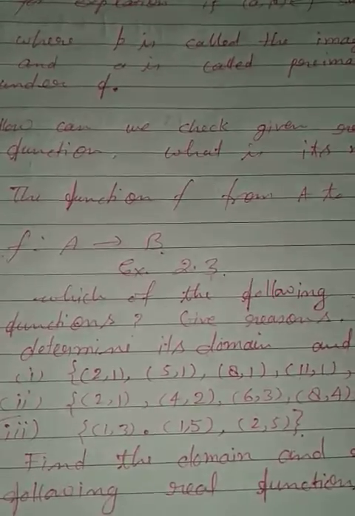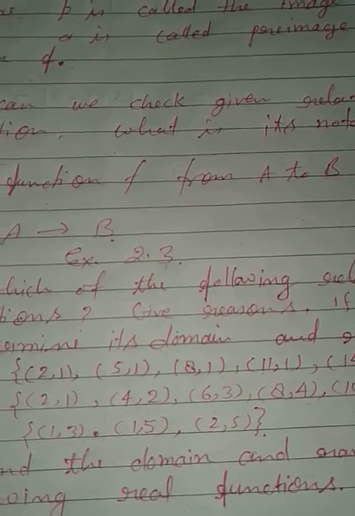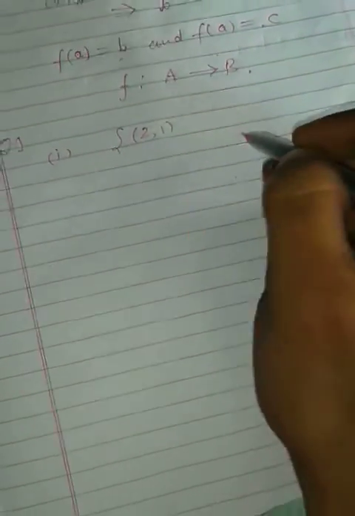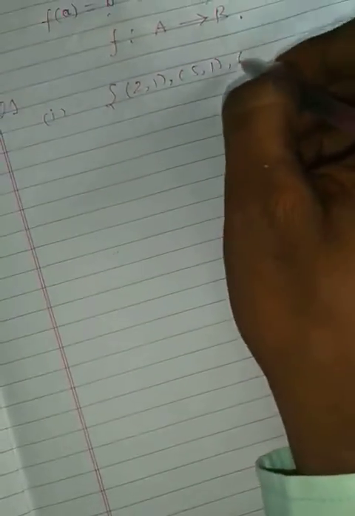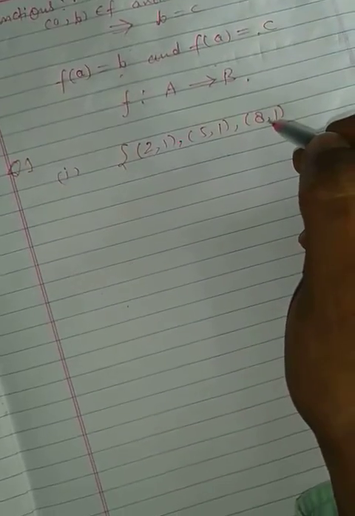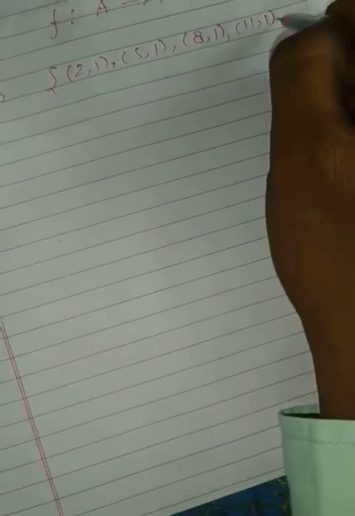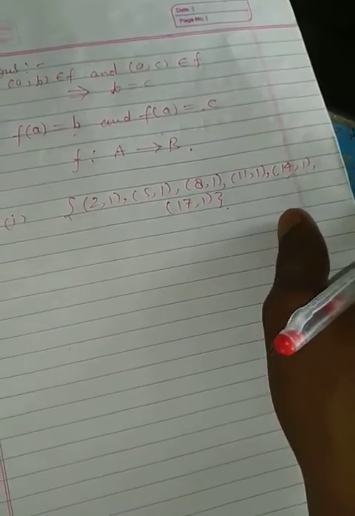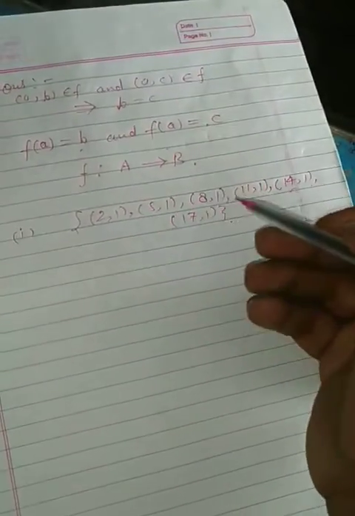The first part: the relation is given as (2, 1), (5, 1), (8, 1), (11, 1), (14, 1), (17, 1). We have to check whether this relation is a function or not.